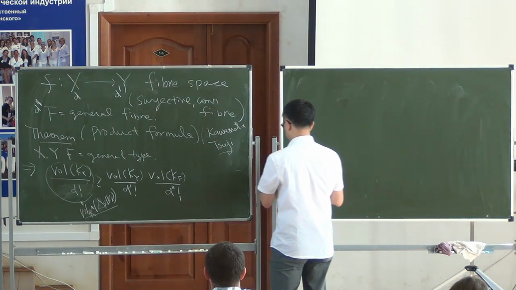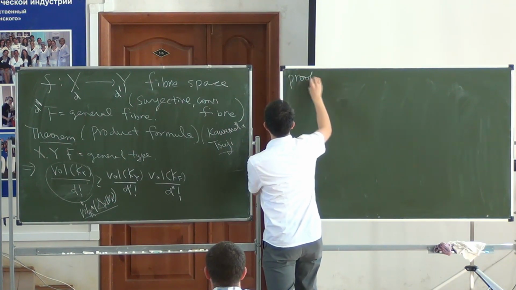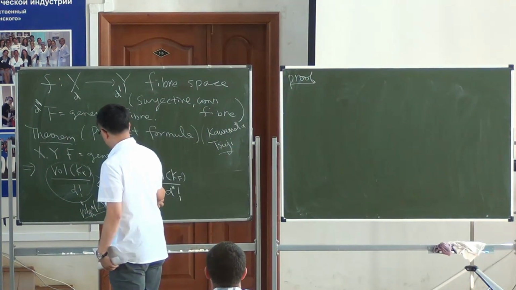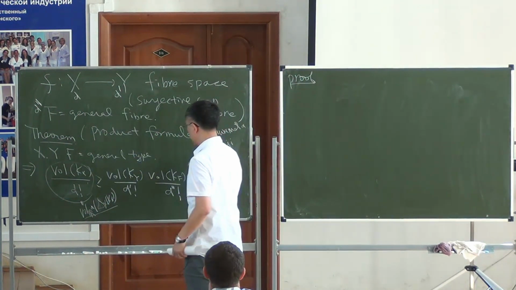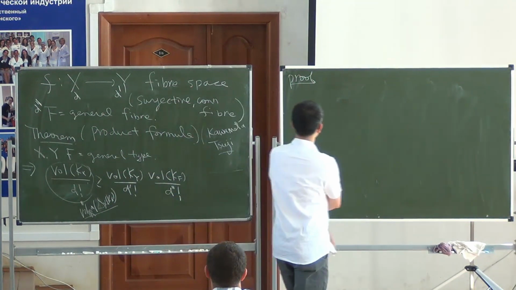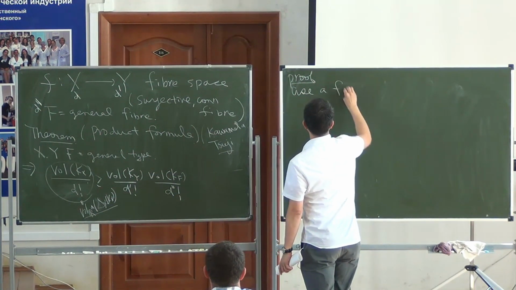I'll just explain it. It's not a proof, but the proof is done by choosing some nice flag. If you choose a nice flag, then the proof is almost automatic. So use a fiber type flag.